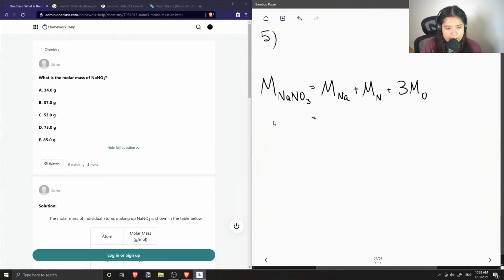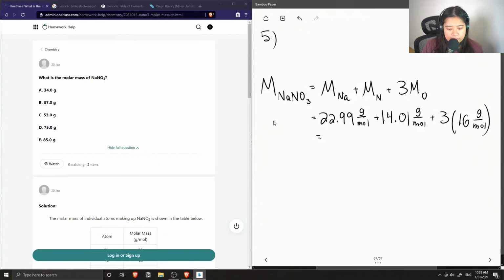So the molar mass of sodium is 22.99 grams per mole. The molar mass of nitrogen is 14.01 grams per mole. And the molar mass of oxygen is around 16 grams per mole.